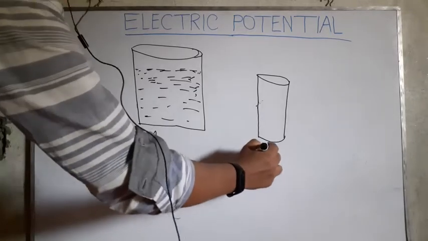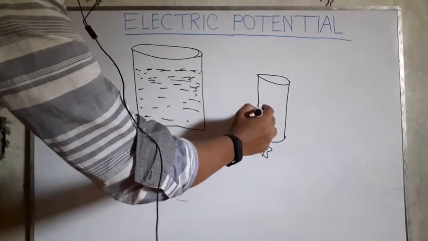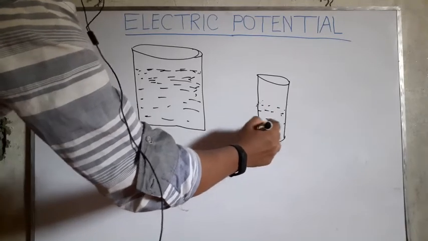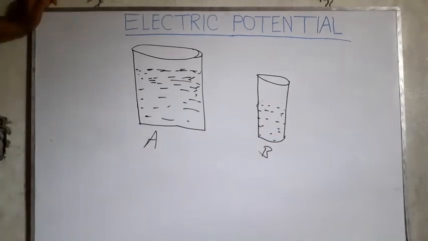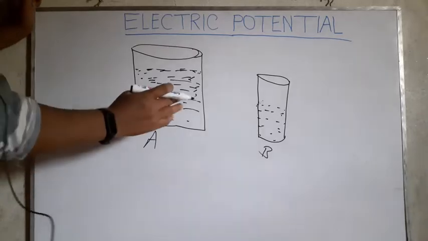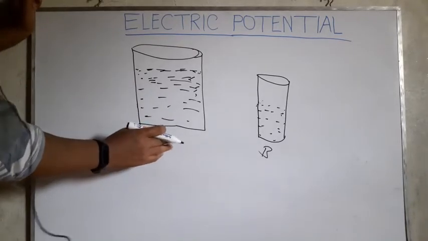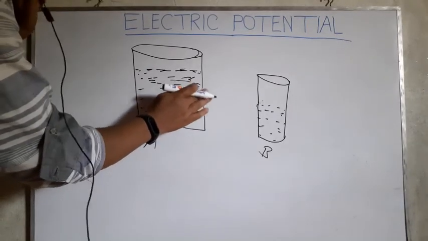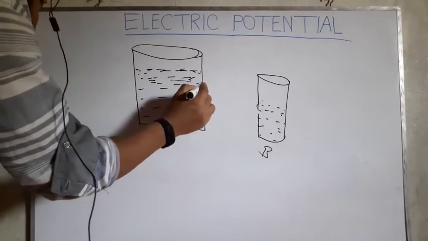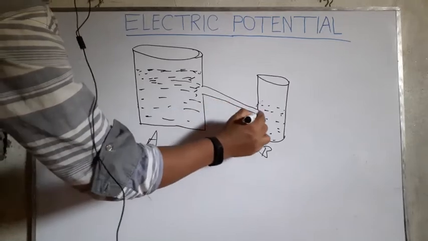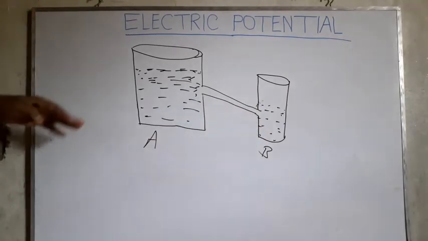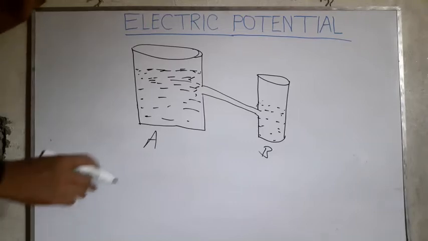A and B are two water containers. If we connect container A and container B with a pipe, then in which direction will the water flow?